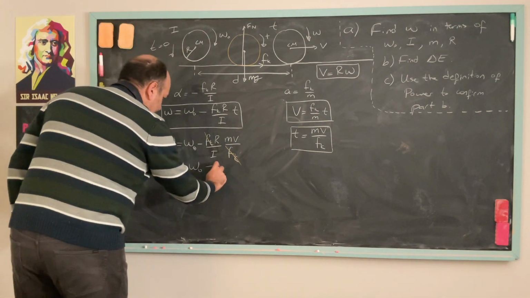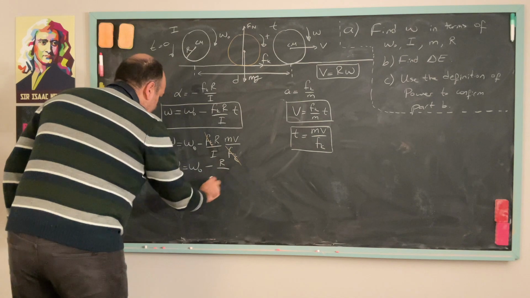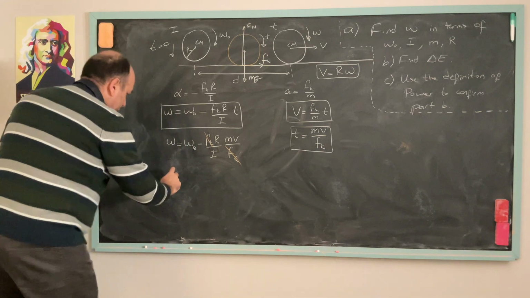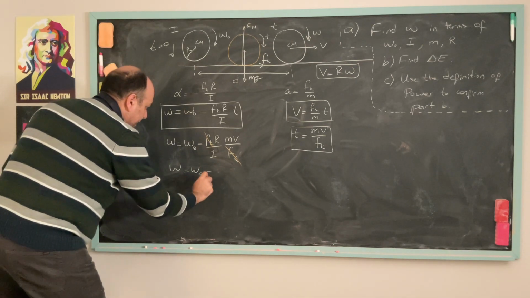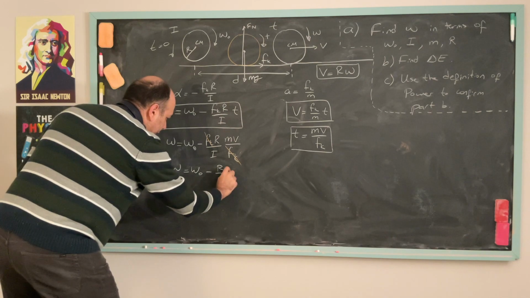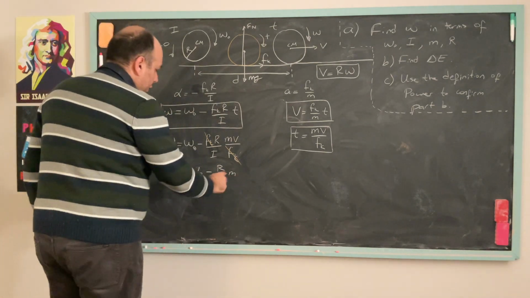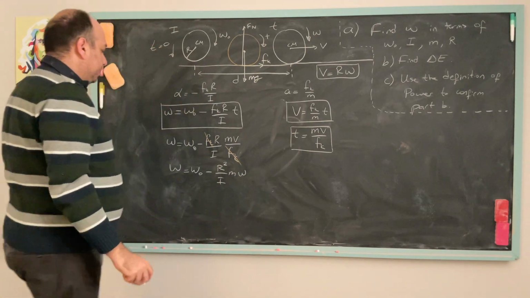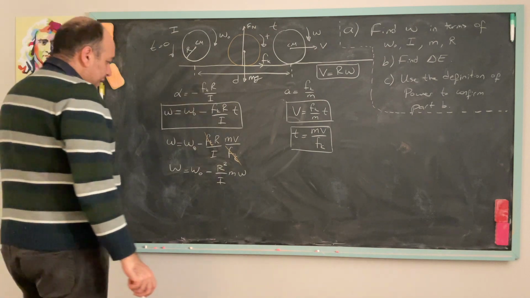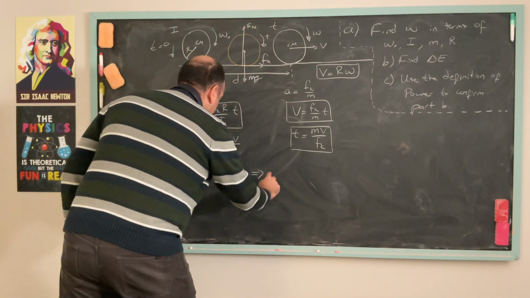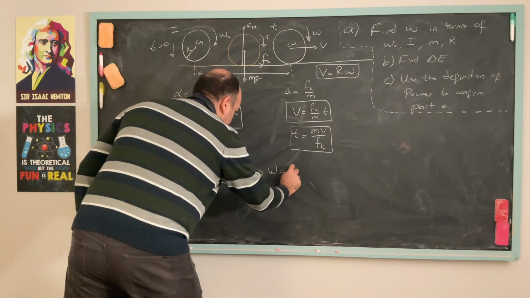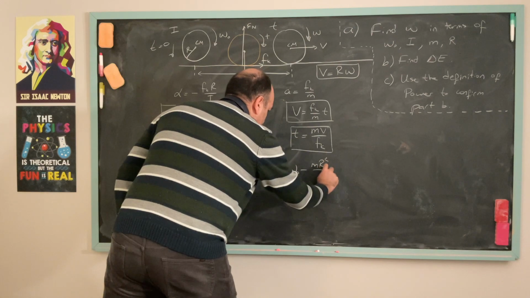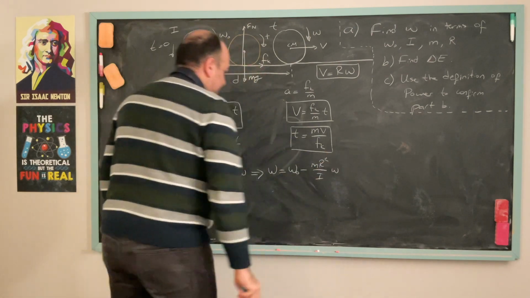So here, wherever I see v, I can write r times omega. So this is minus r over I. Let me put it in a nicer way. Omega is equal to omega naught minus r over I m times omega times r. So this is r square, times omega. I can write it in a nicer way: omega is equal to omega naught minus mr square over I times omega.